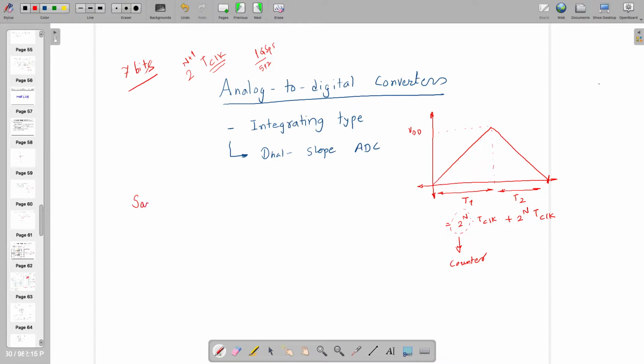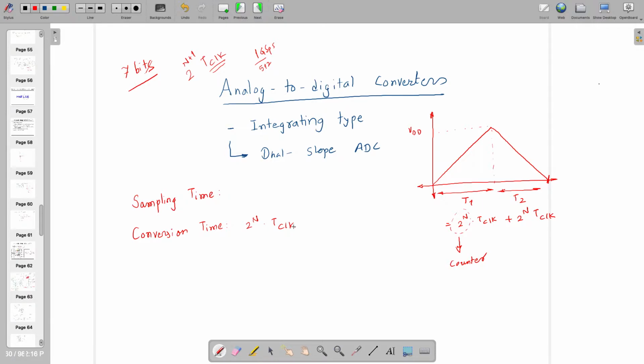There is something called sampling time, which is known as T clock. There is something called conversion time. Conversion time may be anything, may not be the same as sampling time. If it is equal to sampling time, it means it's a flash ADC or parallel ADC. But in the case of this one, it will take, let's say, 2 raised to n times T clock.